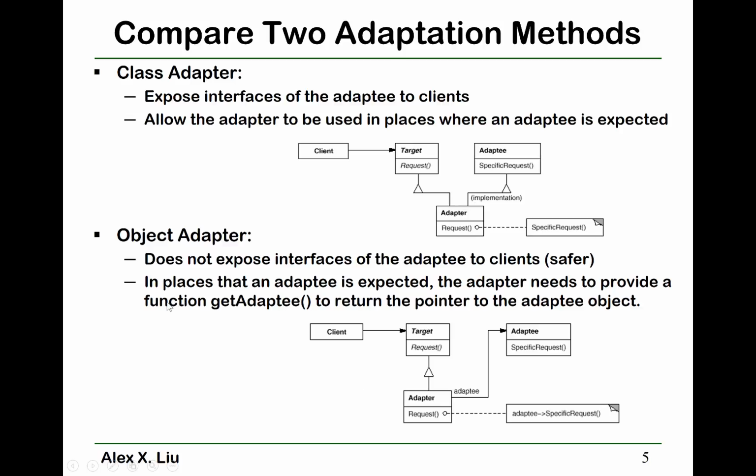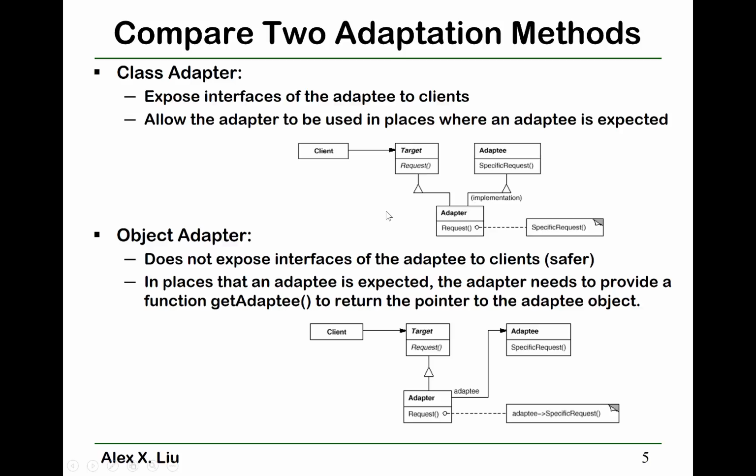And sometimes, in places where an adaptee is expected, the adapter class may need to provide a function, say getAdaptee, and return a pointer to the adaptee object, because this adapter class has a data member of the adaptee object.